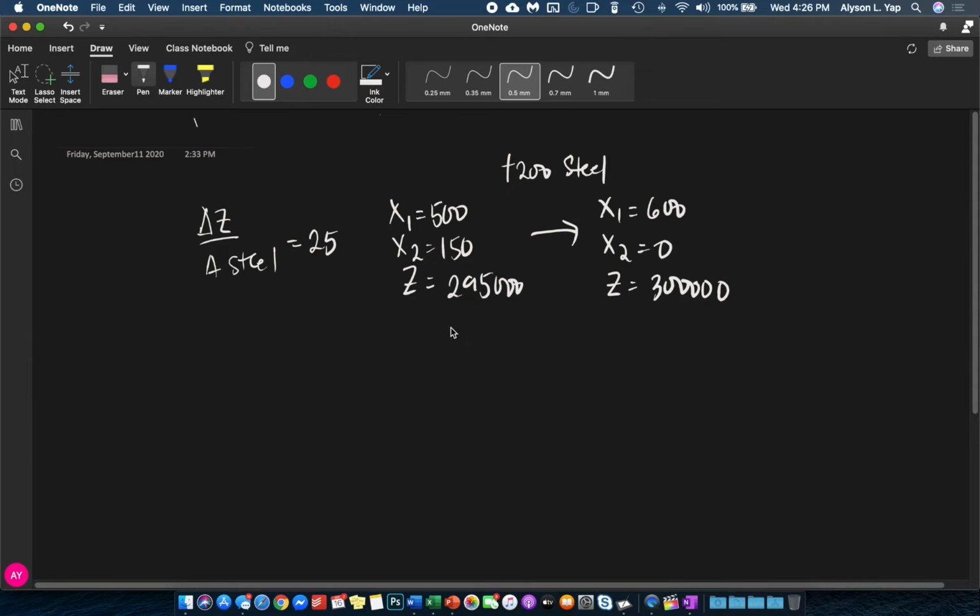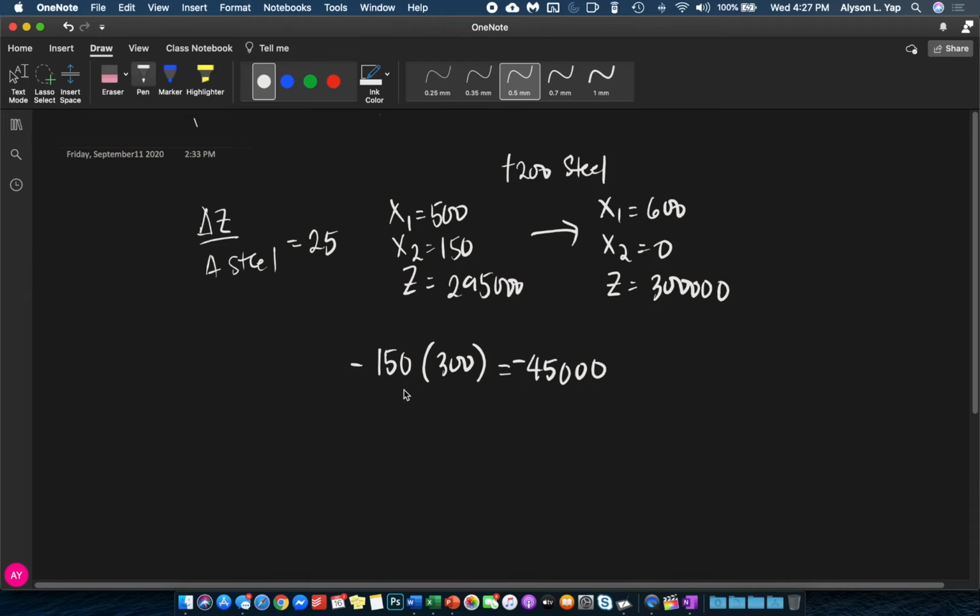So there was a reduction of 150 units of the production in blue. And because there was a reduction of 150 units of blue gadget, we can expect our profit to be reduced by, in this case, 45,000. Okay, negative.